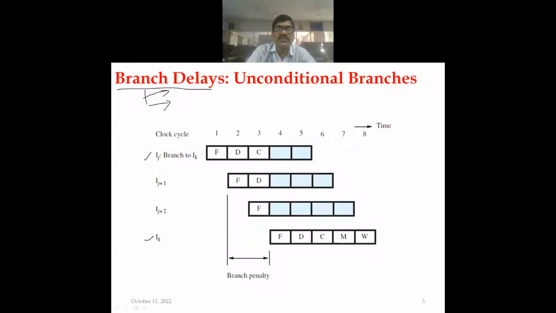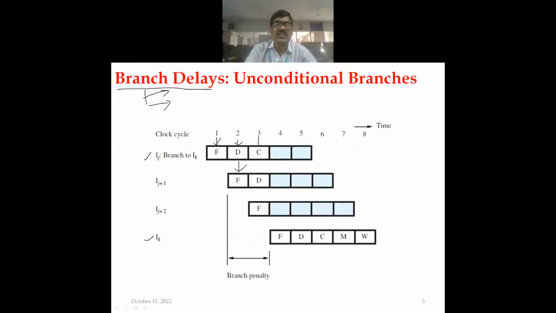What are the delays that we introduce to execute this type of branching? During clock cycle 1, the Ij instruction is fetched. During clock cycle 2, Ij is decoded, and during the same clock cycle, Ij plus 1 is fetched.